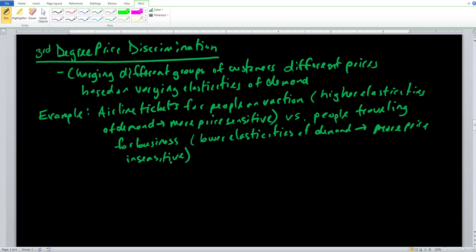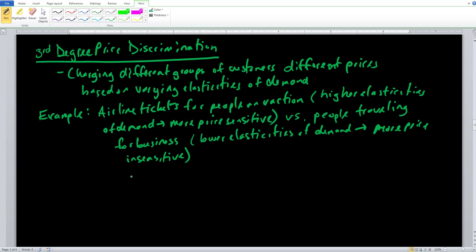Like we said, this leads to a lot of firm strategy about what price to charge each of these groups. The firm should charge people who are very sensitive to prices very low prices, while people who are very price insensitive should be charged a higher price. Remember, the more inelastic your demand is, the less your quantity demanded is going to change.